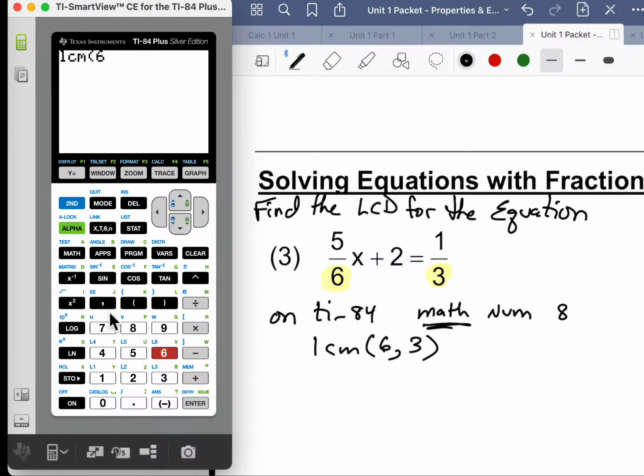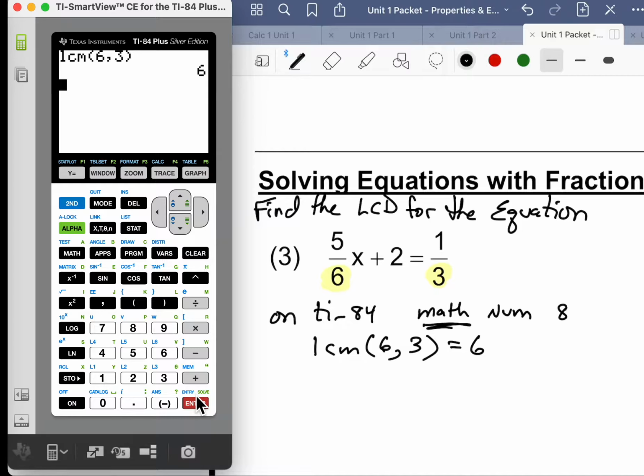Now the comma on a TI calculator has its own key. People look for a comma as a second key, thinking it's hidden in the background, because why would a comma have its own key? But it actually does. It's pretty frequent that you'll use a comma on the TI calculator. So 6 comma 3, hit enter, and it'll tell you what the LCM is.